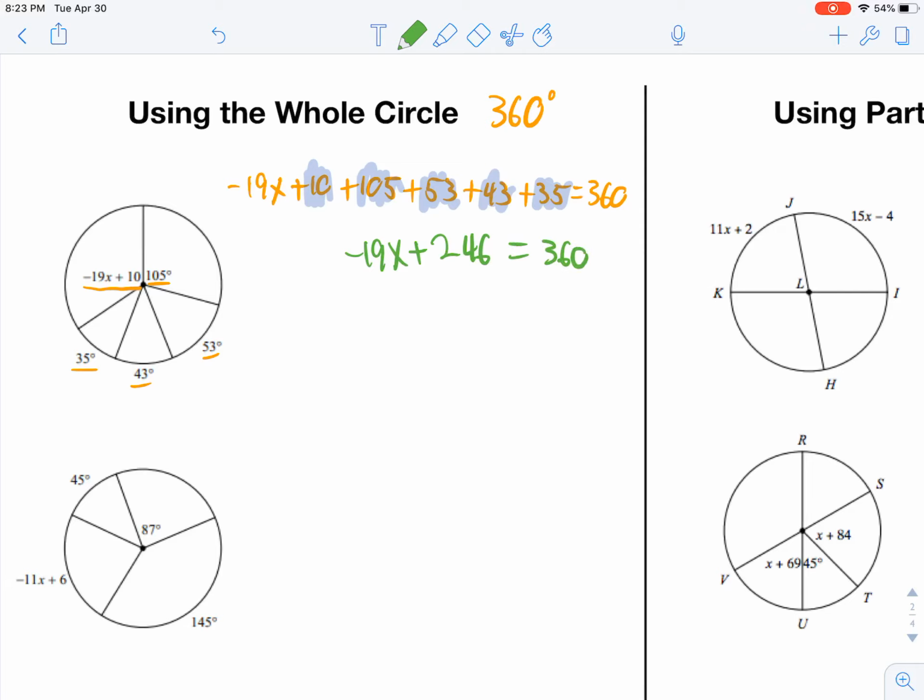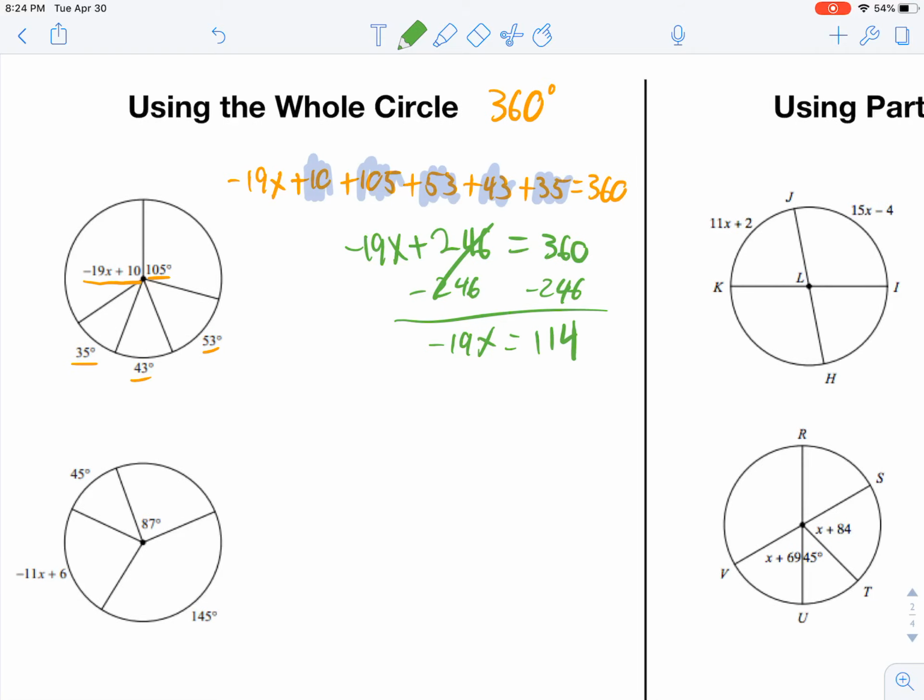There we go. Now we just got to solve for x. Using what we know, we subtract 246 from both sides. That's my first step. Those cancel out. I get negative 19x equals 114.